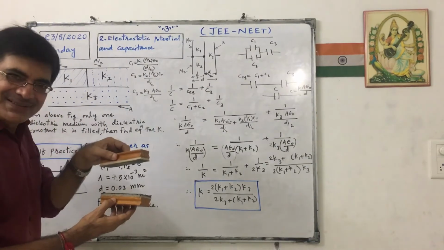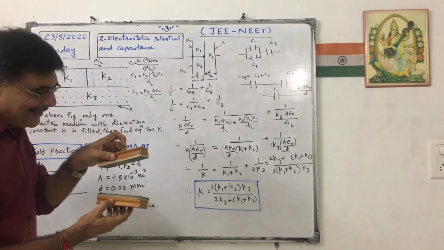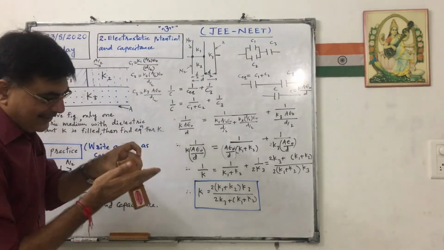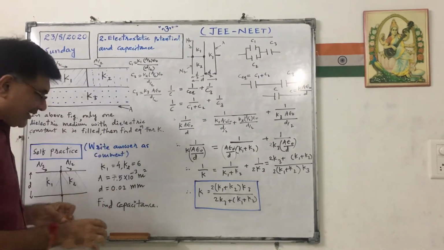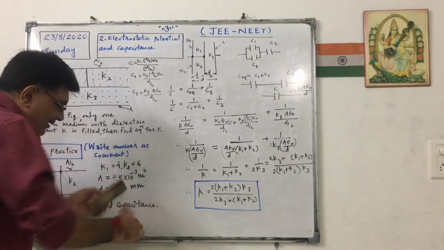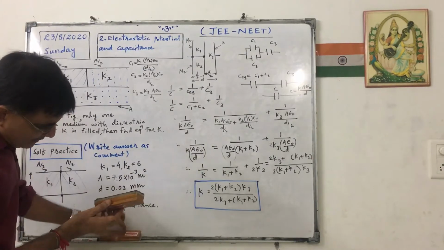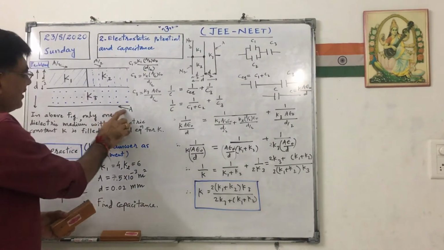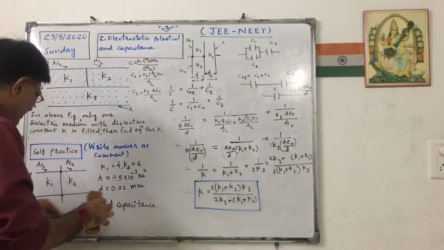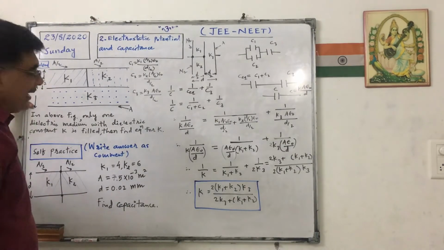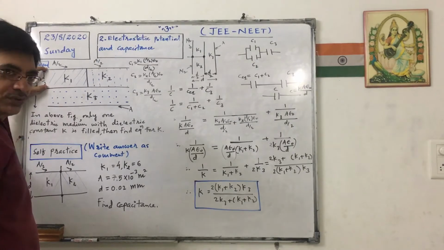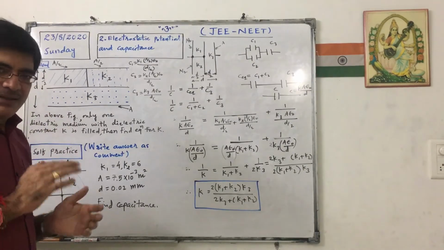Obviously the area of the plate is A. Moreover, the distance between the two plates is D, and this is D by 2. They have given all this in the data.